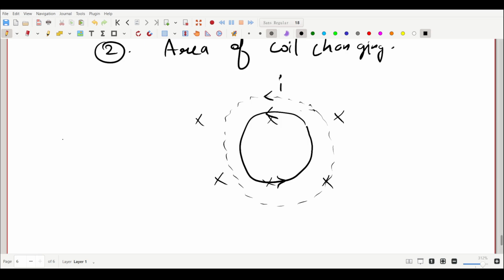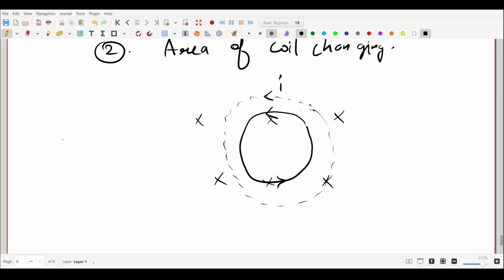If you observe, the induced current is going to produce a magnetic field of its own, an induced magnetic field. There is a current in a coil, so definitely there's going to be a magnetic field due to the current. That magnetic field is going to be in the direction opposite to the source magnetic field.